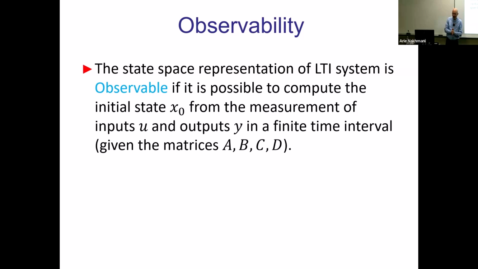But in reality, you not always have access to measurement of all the states x. If you remember, we defined x as all kinds of states inside the system. It could be currents, voltages, powers, or mechanical moments or angles, or a combination of all of them.